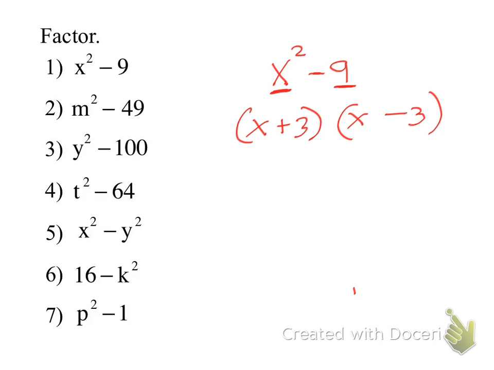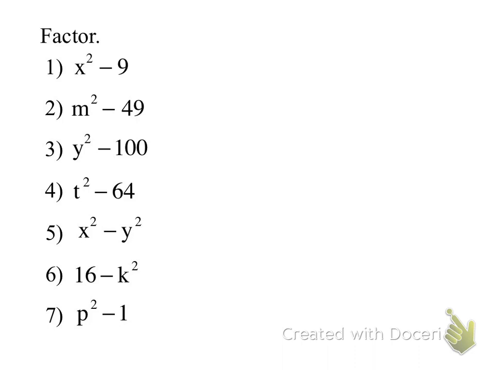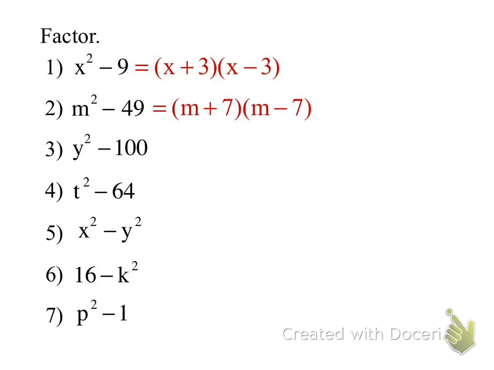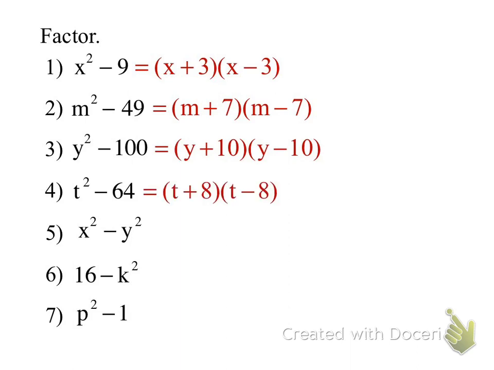Caleb, number 2 would be? m plus 7 and m minus 7. Good. Number 3, please. y plus 10, y minus 10. Number 4, Trent. c plus a and c minus a. Got it.